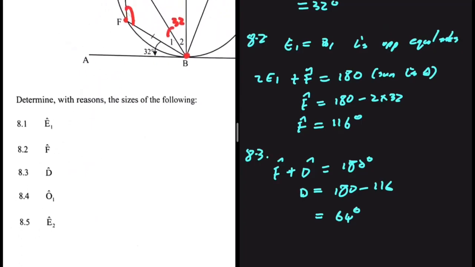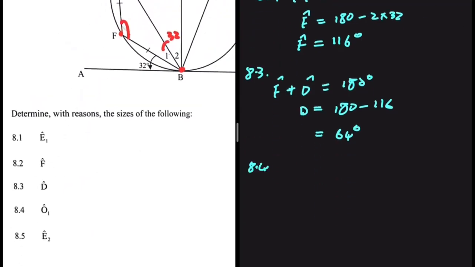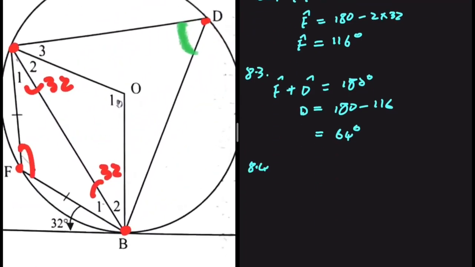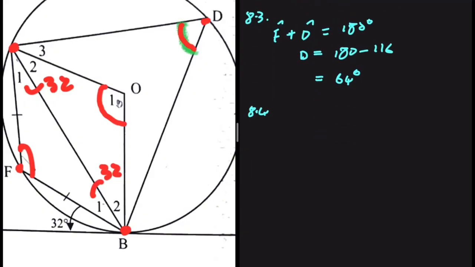Let's see what else we need to find. We need to find the size of angle O1. So O1, it is at the center of the circle. Well, without thinking too much, the angle at the center of the circle is twice the angle on the same arc that is on the circumference of the circle. So that is our angle D. So what are we saying?